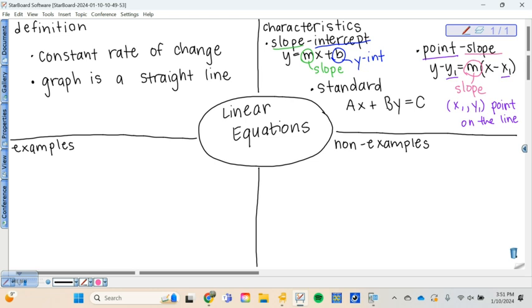So let's remind ourselves how we graph each of these forms. So under examples, let's do slope-intercept y equals 1/2 x plus 3, let's say. It's kind of annoying. Think about what's the slope and what's the y-intercept of this equation.